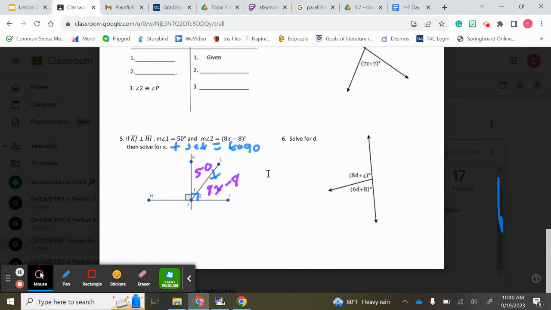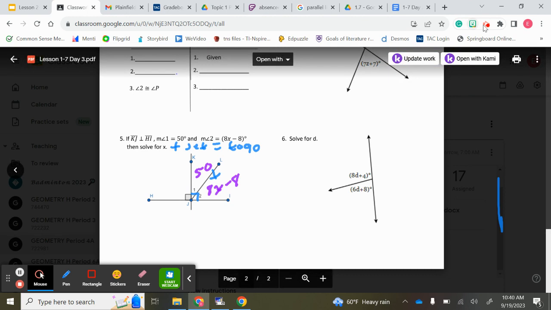Questions? The remainder of the Google Slides, I'll have you finish after tomorrow. I'm not going to make it due today, because we're not going to go over it. I'd like to give you guys a little bit more practice with geometric proofs. Okay. That's it. You guys can get working.